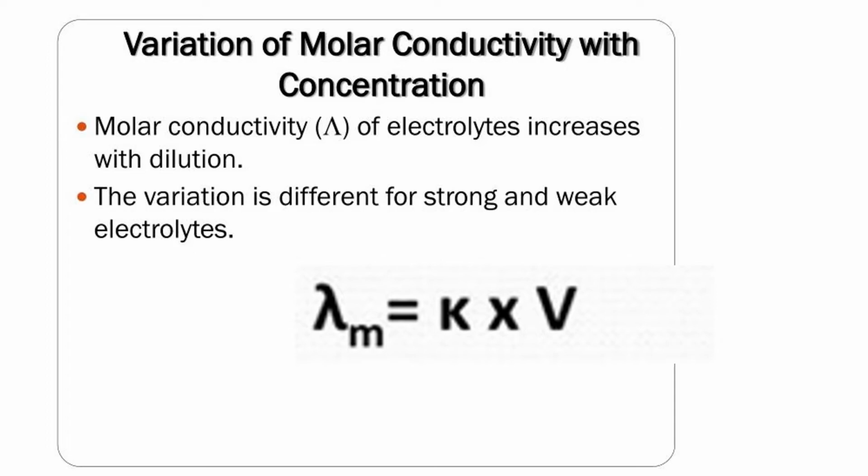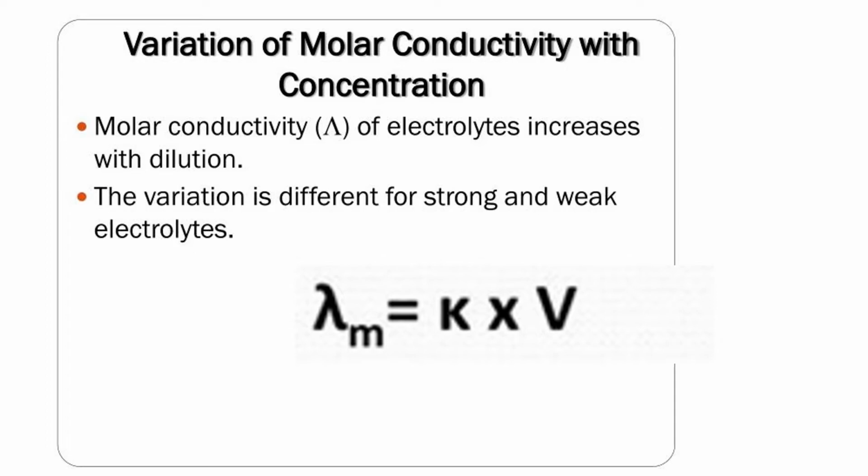In the case of molar conductivity, the specific conductivity decreases on dilution, but the volume increases on dilution. Compared to the specific conductance, the volume increase is very much higher, so the molar conductance increases on dilution.